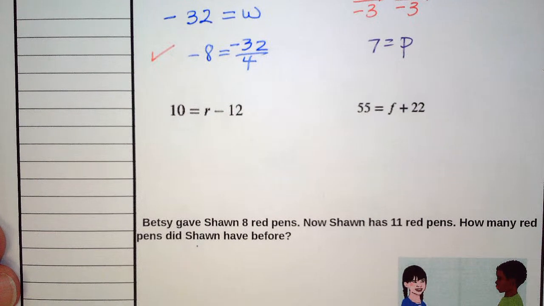Pause the video and see if you can do the last two on your own. If you're able to undo what's happened, you are getting the concept. Well, I hope you tried.